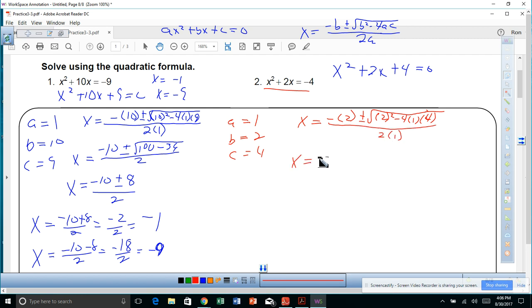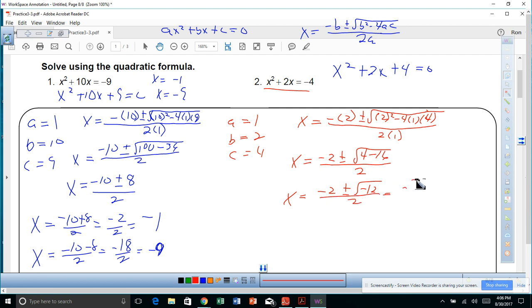So x equals negative 2 plus or minus the square root of 4 minus 16, all over 2. So x equals negative 2 plus or minus the square root of negative 12 over 2.